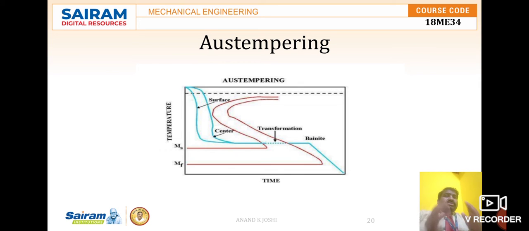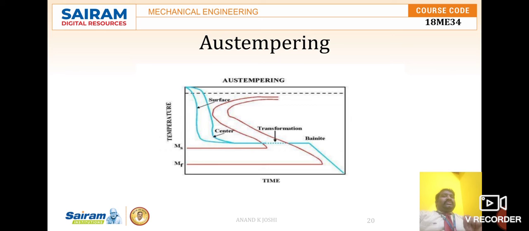In Austempering the steel specimen is made to go directly from austenite to bainite. So this means the section must be cooled fast enough to avoid the formation of pearlite. Thin sections can be cooled faster than bulky sections.